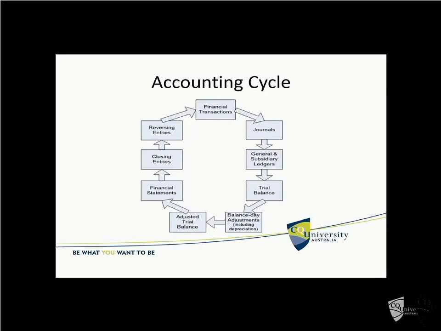That's where we get rid of all the revenue and expenses and so forth. We close off various accounts, and then we reverse quite a lot of the balance day adjustments, and then it's all back as if on the first day we're back to the whole process again. And so you can sort of visualize it like that.